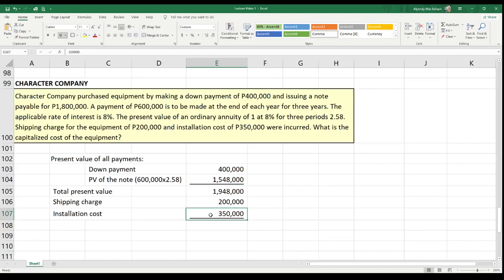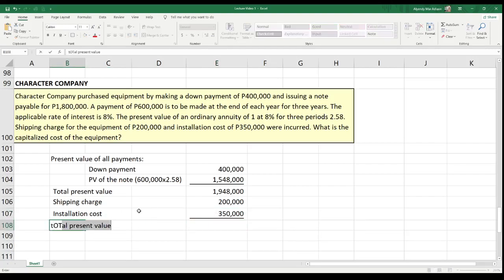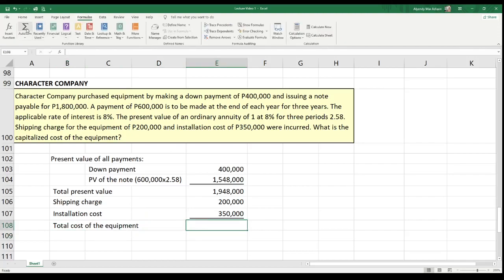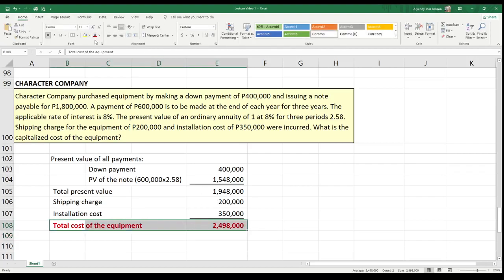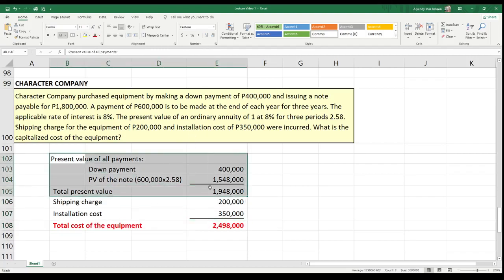Okay, so how much is now the total cost of the equipment? For the total cost of the equipment, we will have to add the 3, so that is 2,498,000.